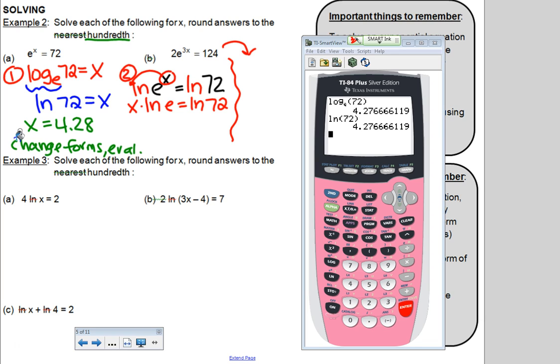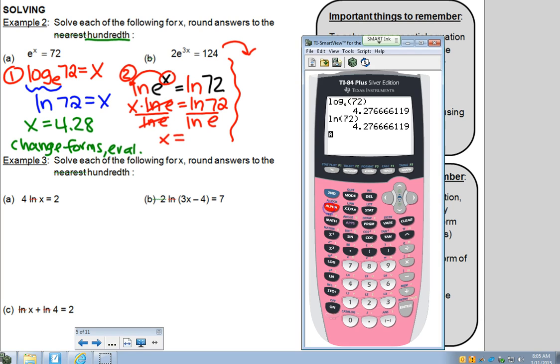And then to break apart times, to get the x out of the way, I can divide by ln of e. That will cross these off, and then x equals whatever that value is. Now it's the same problem, so you'll see that we're going to get the same exact answer.